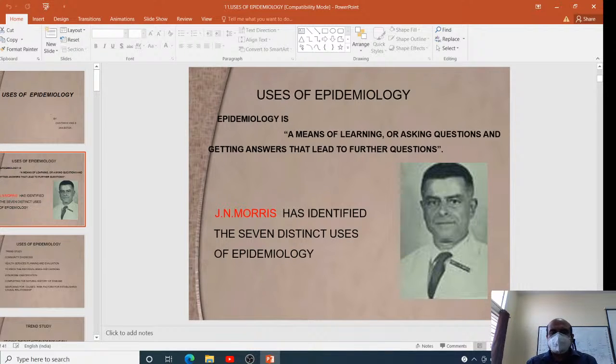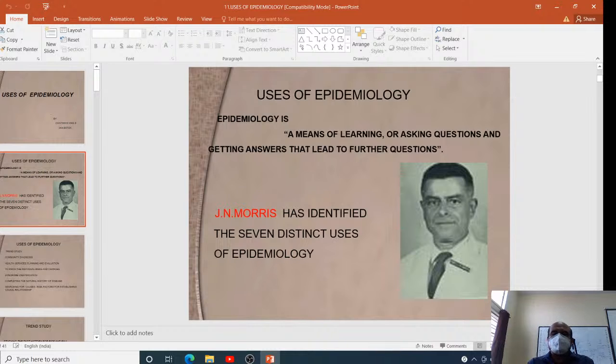Okay, uses of epidemiology. Epidemiology, as described by J.N. Morris, has identified seven distinct uses of epidemiology. The most important thing is, as I said earlier, that we will have a brief discussion about the topics. We are not going into a detailed discussion because this is a revision class.